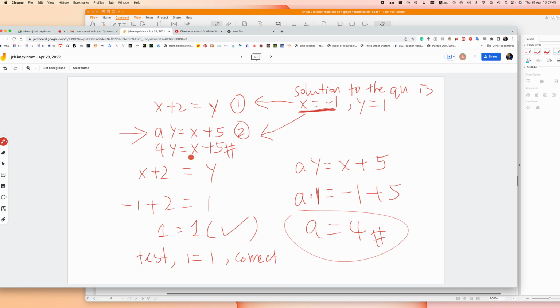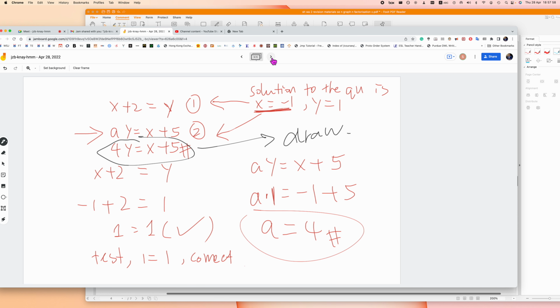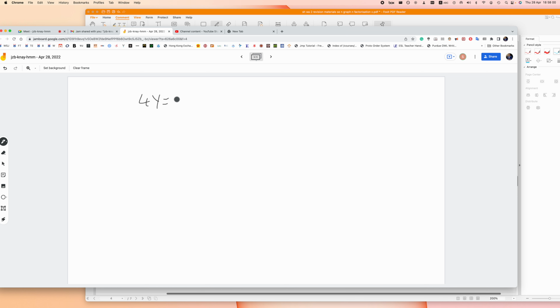So now you are asked to draw this. Okay. So how do you draw this? So 4y equals to x plus 5. How do you draw this one? You need to put it into this format first, right?